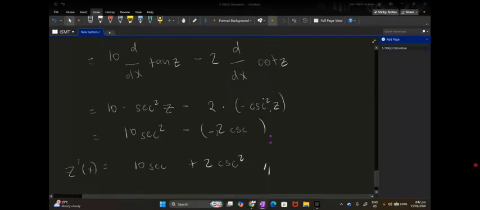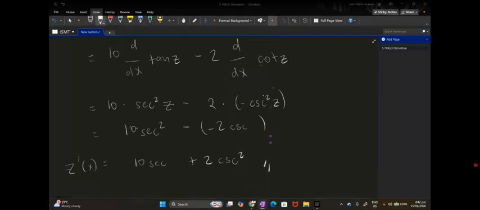Ayan. So, pwede na natin sila ipagsama. So, 10 times secant squared z minus negative 2 cosecant squared z. Then, pwede natin i-distribute yung negative. So, magiging 10 secant squared z plus 2 cosecant squared z. That is the derivative of the z function.